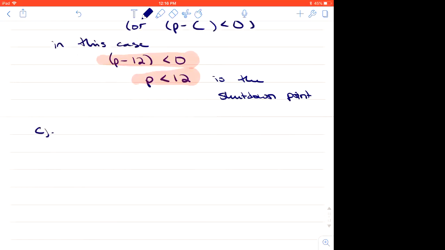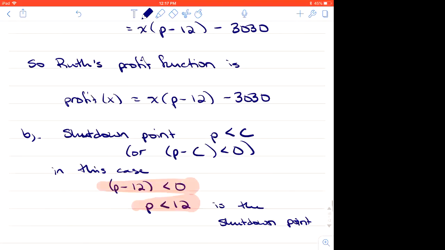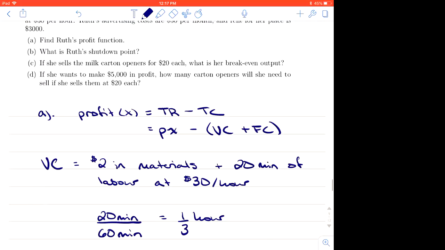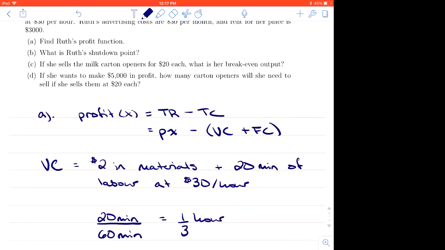How about part C? If she sells the milk carton openers for $20 each, so now we have this P. Does she shut down? No, because those fixed costs are there even if you don't produce anything. So even if you're making a negative profit, you're still eating into those fixed costs.